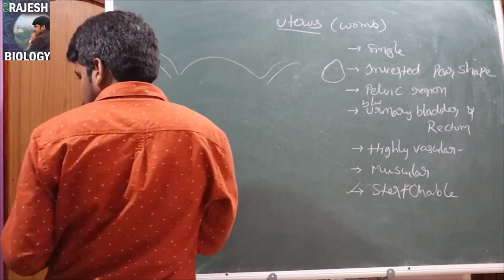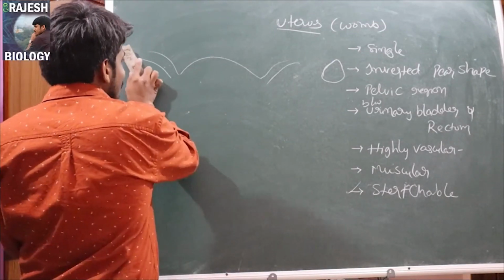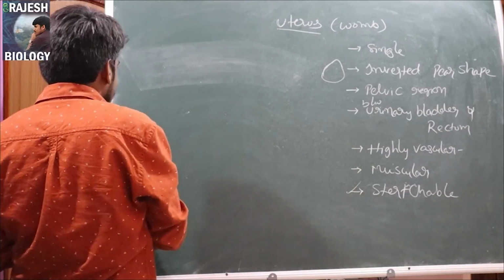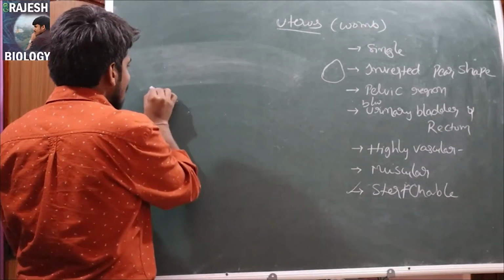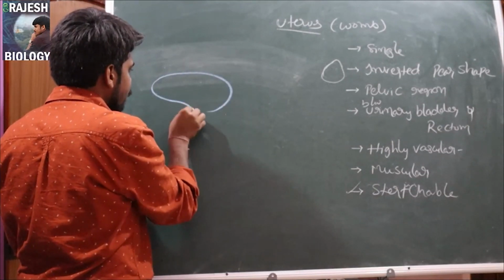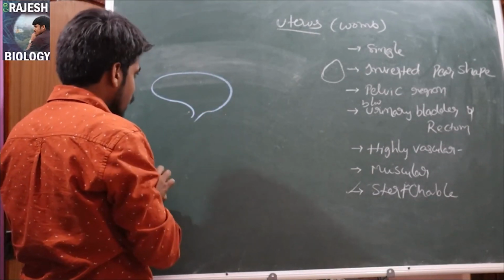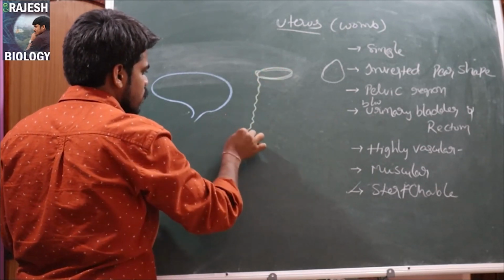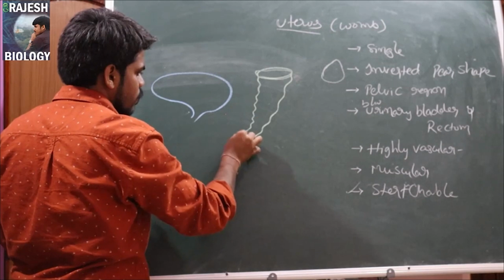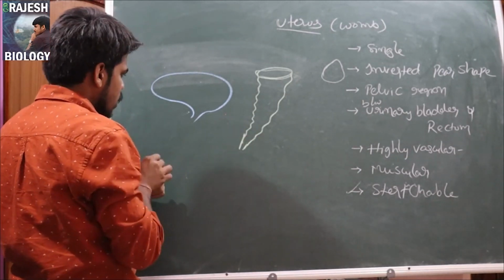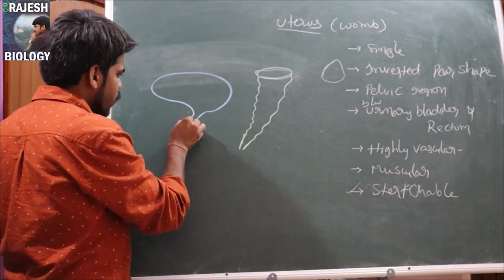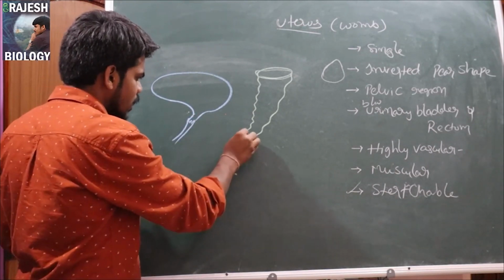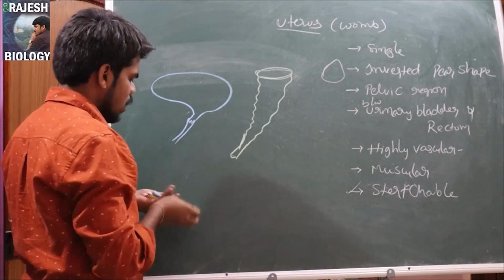First we will discuss where the uterus is exactly located. It is present between the urinary bladder and the rectum. Imagine this is the urinary bladder, and this is the rectum. From the bladder comes the urethra, and this is the rectum and anus.